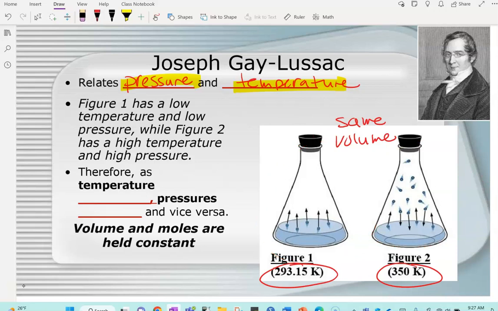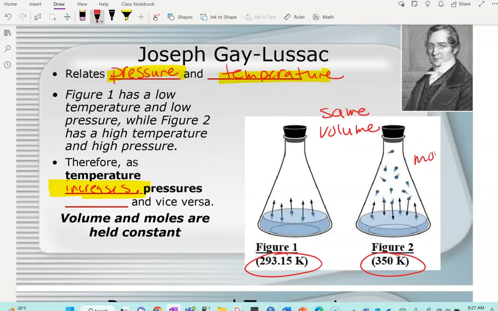So we can see as temperature increases, okay, so we heat something up, we can see that these particles are going to move faster, and they're going to hit the sides of the container more often. Well, if the molecules are hitting the sides of the container more often, then that's also going to increase the pressure.